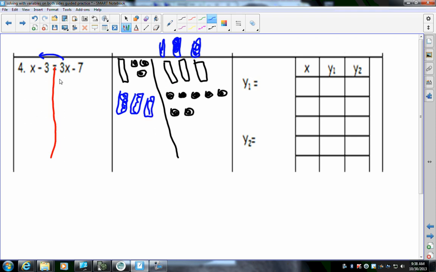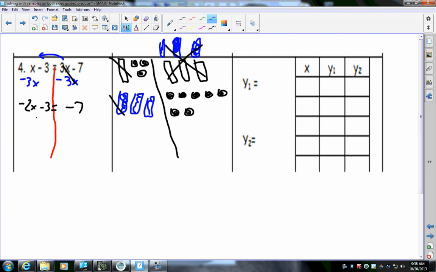So over here, algebraically, I subtract 3x from each side. 1x minus 3x, negative 2x minus 3 equals 3x minus 3x is 0, negative 7. Well, that's because this cancels and these cancel.